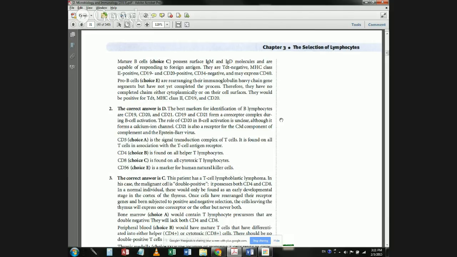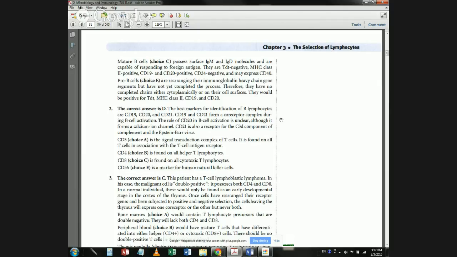CD21 also binds to the C3d component of complement, and it also binds to Epstein-Barr virus. CD21 is important. Not only does it bind to EBV, it binds to the C3d component of the complement, and it needs to form a co-receptor complex during B-cell activation.